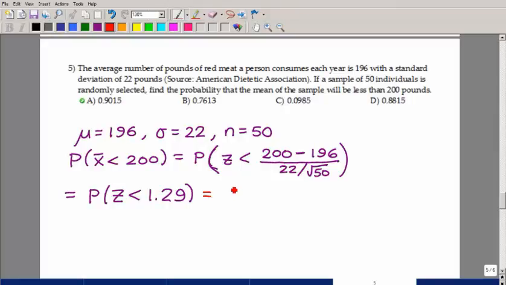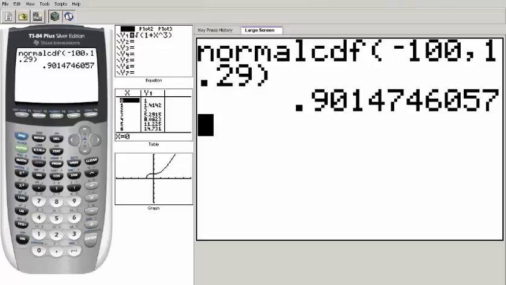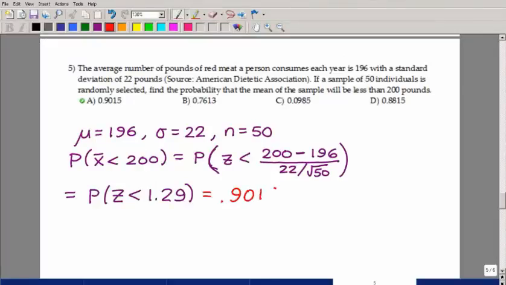In other words, that the average of those 50 individuals would have consumed less than 200 pounds of meat. Let's see, what was it again? 0.9015. And there it is. Answer A.